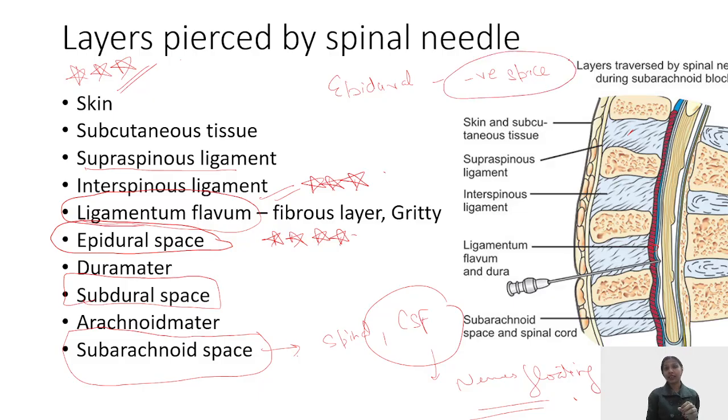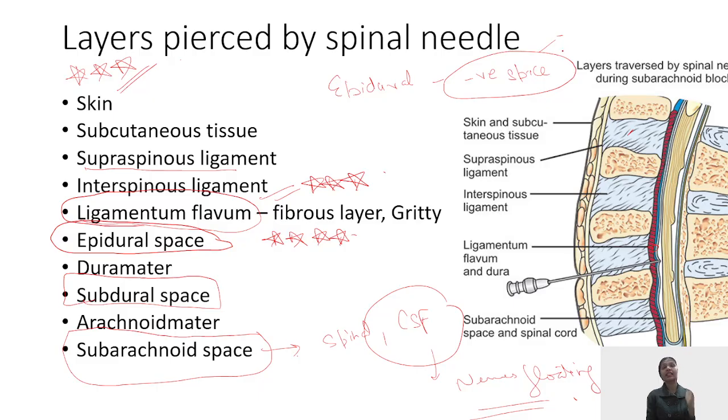It is said that this negative pressure is because of its continuation with the negative pleural cavity. That is why the epidural space is said to be a negative space, and this is used in the recognition of the epidural space before we deposit the drug here.